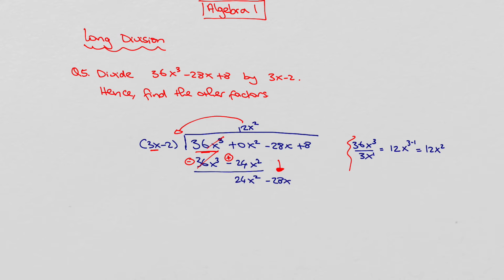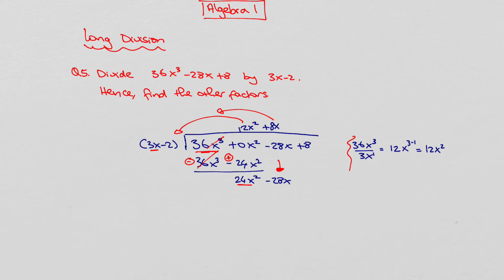So I have 3x into 24x squared. 3 goes into 24 8 times, and x squared divided by x is x. So that gives us 8x. I then take that 8x and multiply it back out by 3x minus 2.